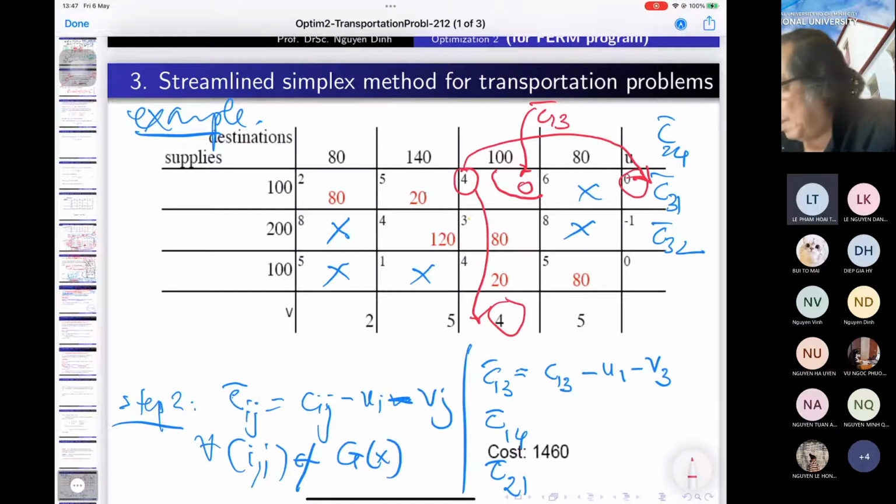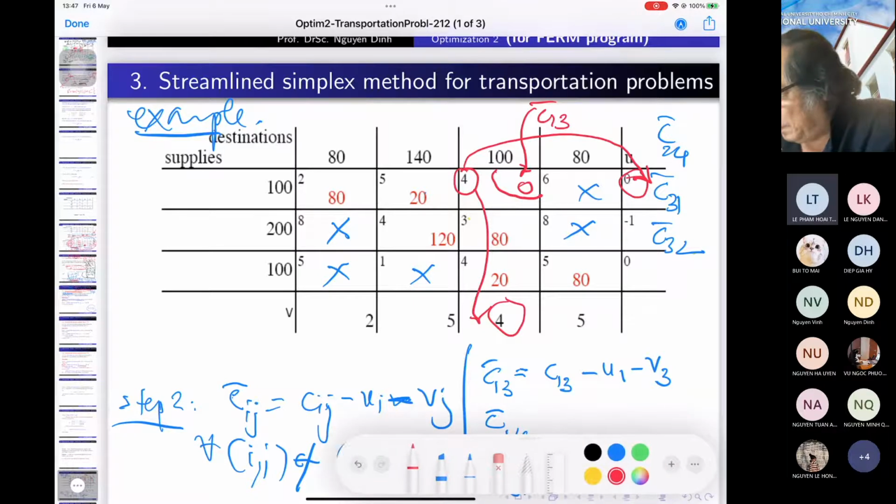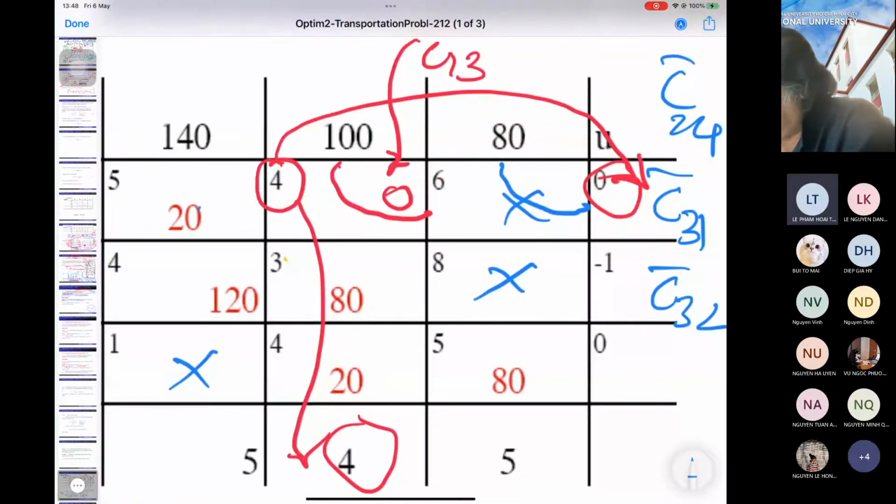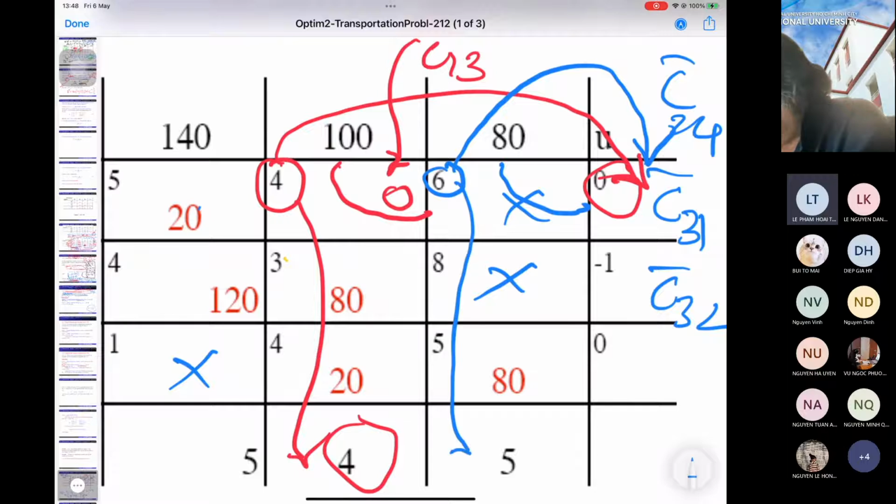Now C bar 1,4 is equal to C1,4, which is here, minus U1 minus V4. So 6 minus 0 minus 5, then it is 1.